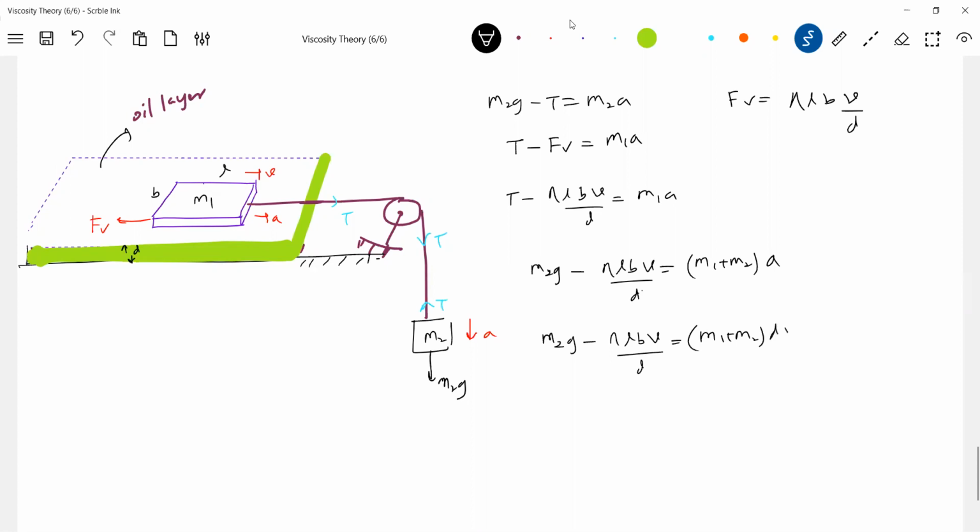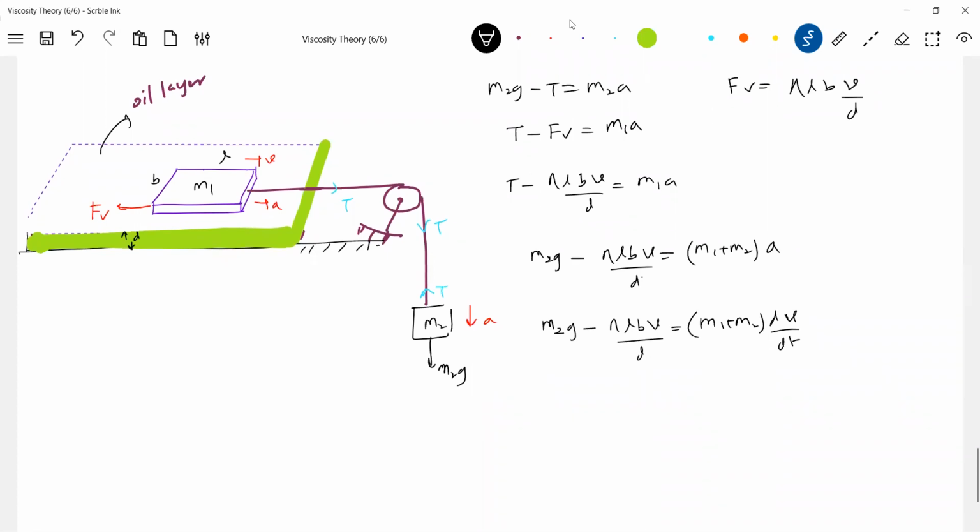What is a? a will become dV by dt. Agree with this one? I want the expression for velocity, so let me simplify. This will be m2g by (m1 plus m2) minus eta L B V by D(m1 plus m2).